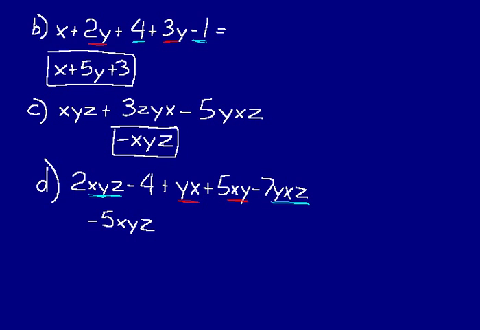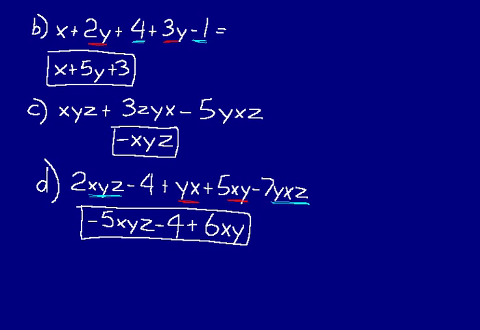And then we have the negative 4. Let's just put that here. And then we have a positive yx, or a positive 1 yx, in other words, and a positive 5 yx, or xy. And so we can say positive 6xy. I'll just put those in alphabetical order. And so there's our simplification of that expression.